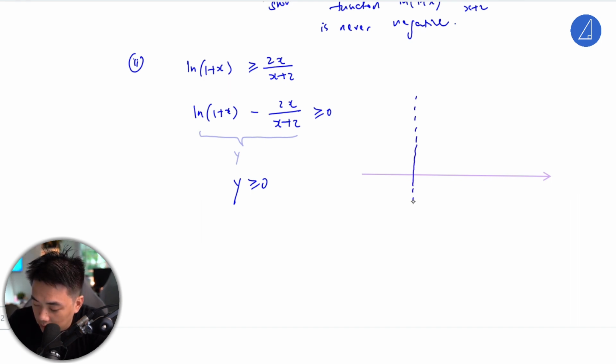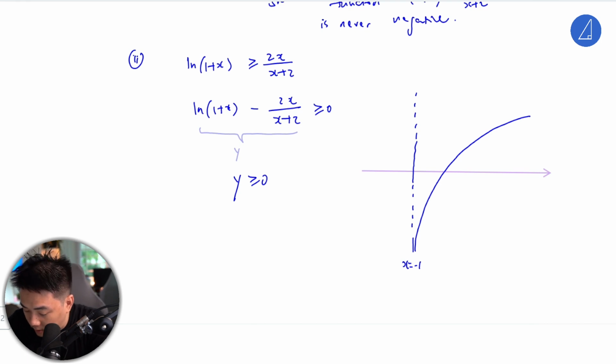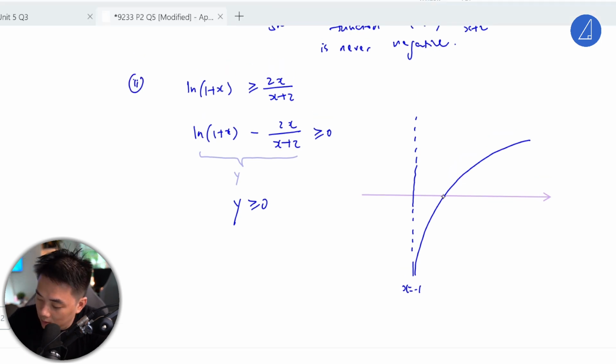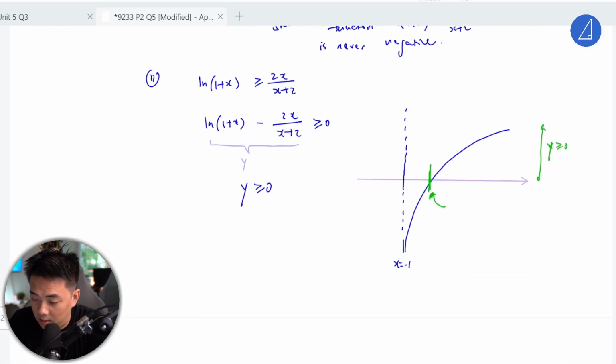We know that x equals minus 1 is the asymptote, but since this is an increasing function, the solution we want is from here to here, where y is at least 0. So if it's always increasing, we just need to find this value here.